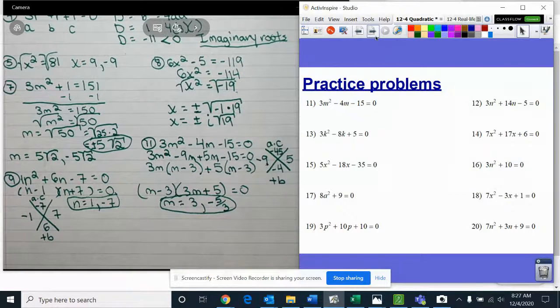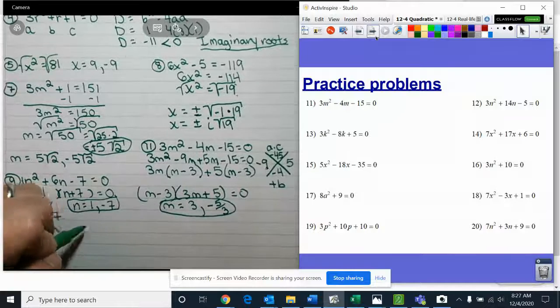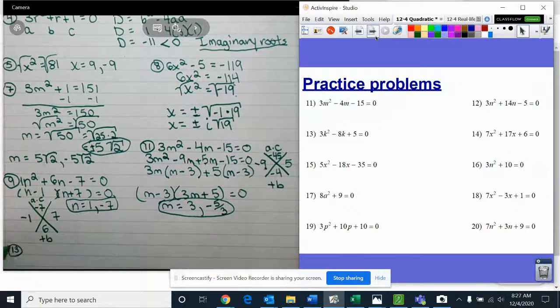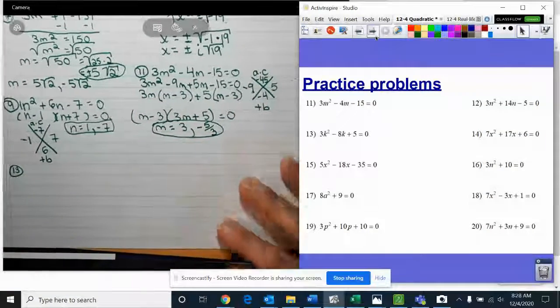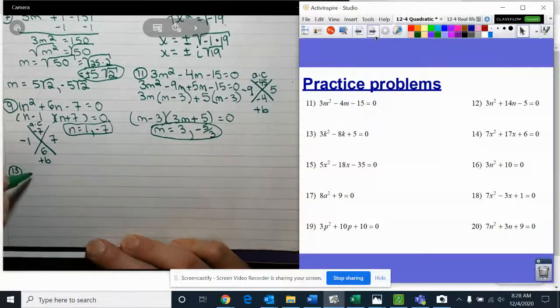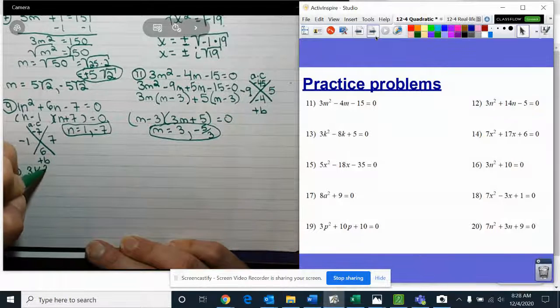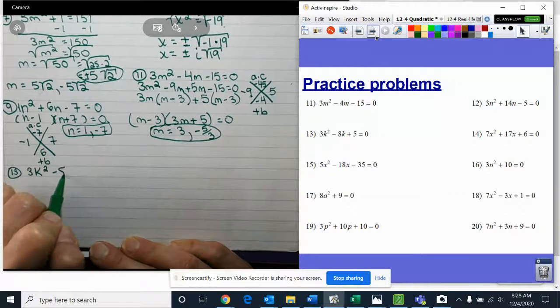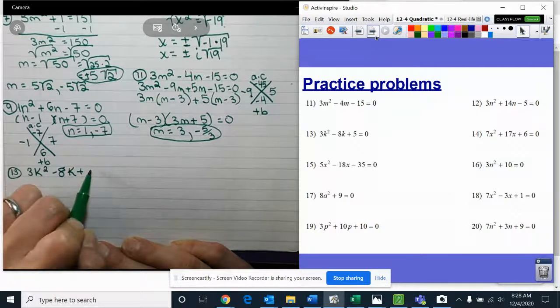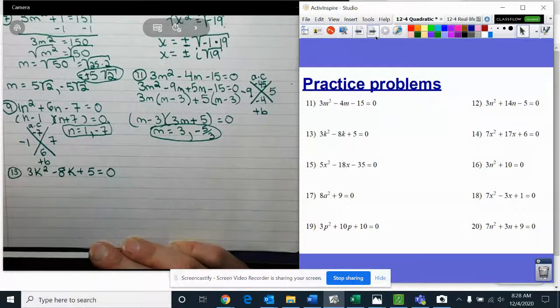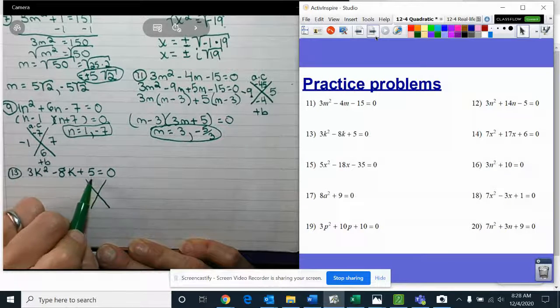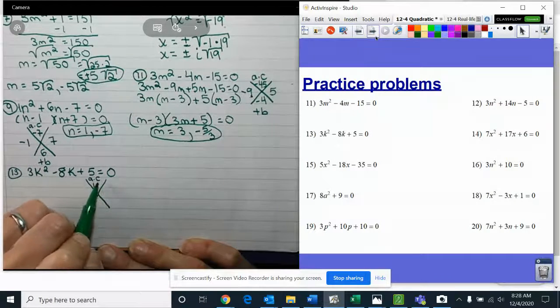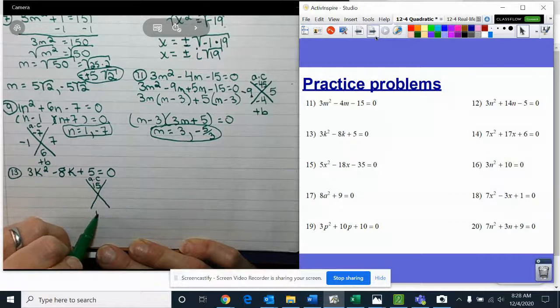Let's look at 13 the same way. In 13, we have 3k squared minus 8k plus 5 equals 0. Well, looking at what is A times C, we get 15, and then we're adding up to that B, which is negative 8.